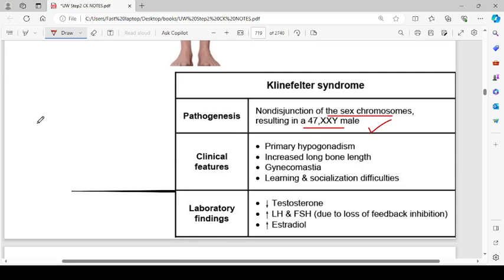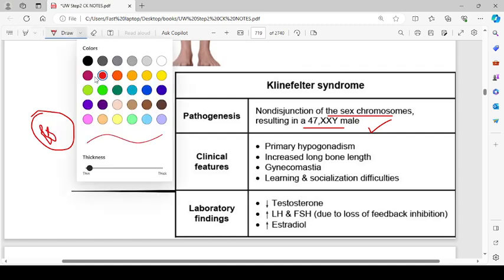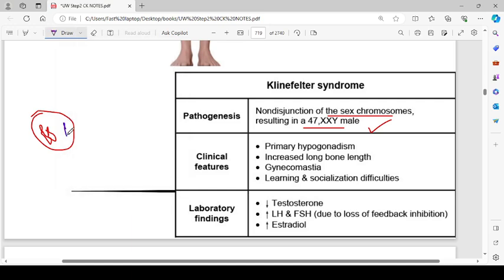Non-disjunction is basically when, during meiosis, half of the chromosomes move in, okay, it's not like this. If there are 4 chromosomes I'm drawing, half go into one cell while the other half go into the second cell like this, and there is a division of the cells.